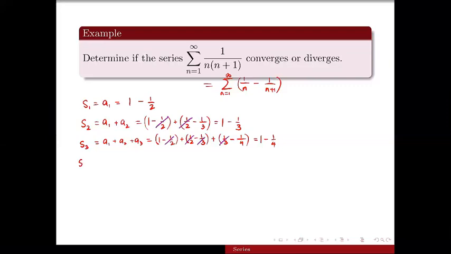Let's have S sub 4. You have A1 plus A2 plus A3 plus A4. We already have this guy here, so let's just write that: that's 1 minus 1/4 plus A sub 4.